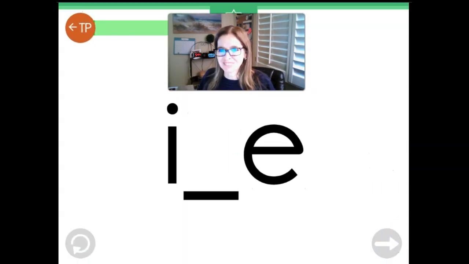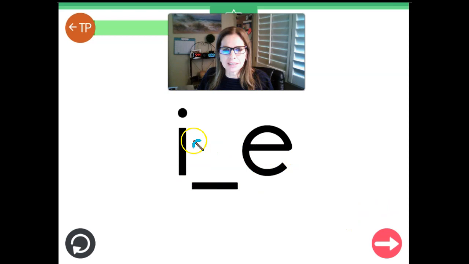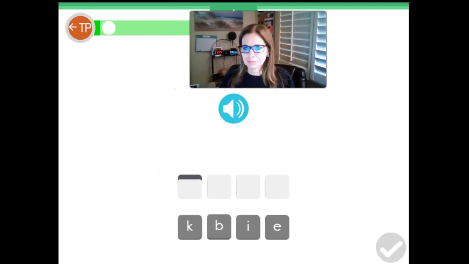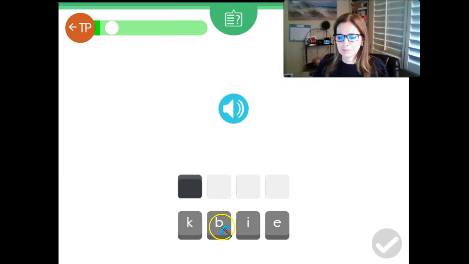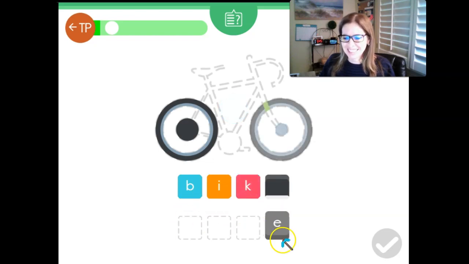Let's see. Shall we? Bike. I, as in bike. Notice it is the same spelling for the I sound in pie. However, there is a line here. That line means it's separated. Let's see how that looks. Bike. I need to separate it.